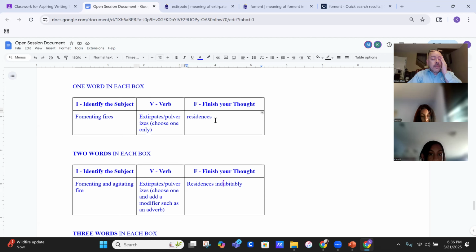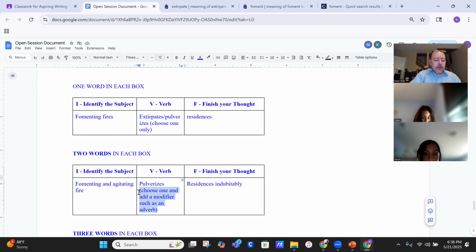Okay. But right up here, you want to choose one. And on the bottom, you can say extirpates and pulverizes. All right. So you want to fix this now.